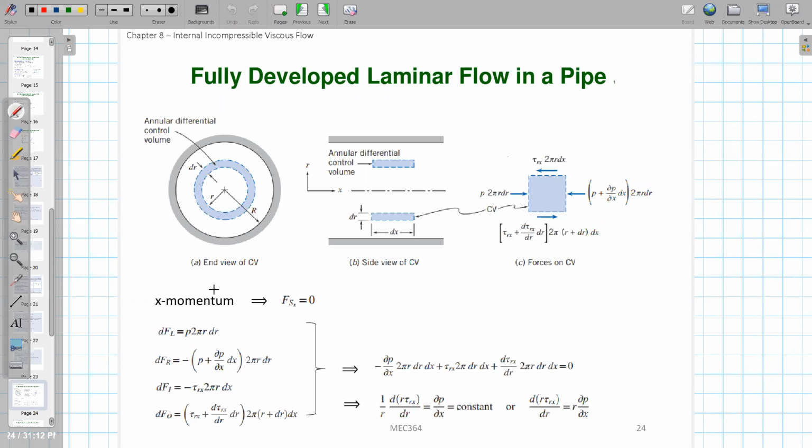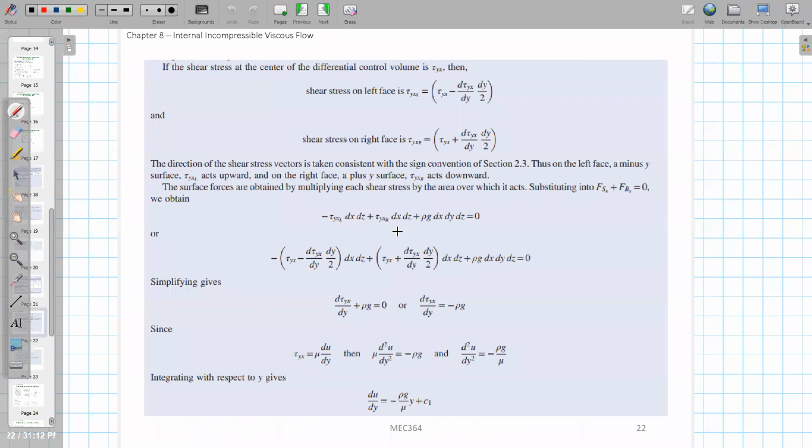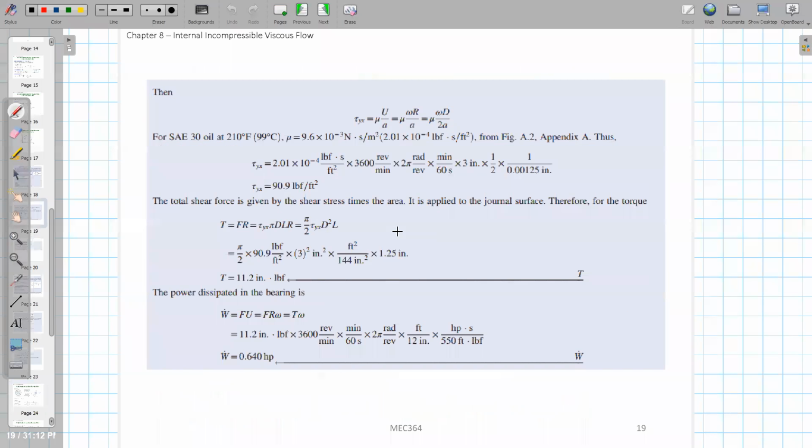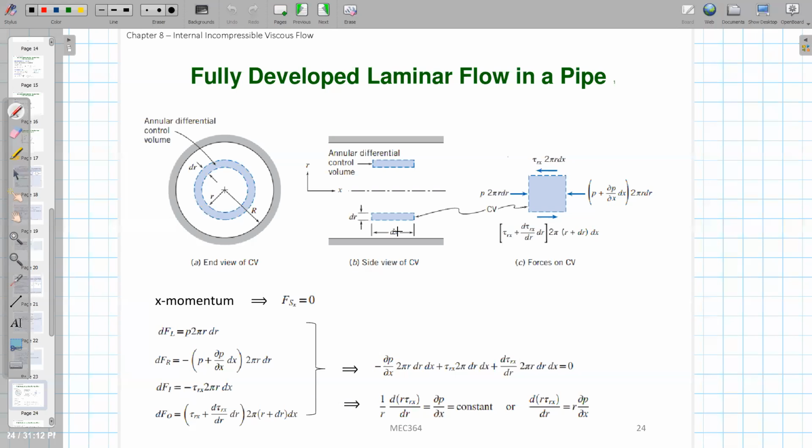Okay, so in summary, if you study the x direction momentum equation, I didn't write it in cylindrical coordinates, but the result you get should be similar to before. The transient term is gone because it's steady state. There is no gravity force, so we assume the gravitational force is not important and the body force is gone. We also assume the flow is fully developed.